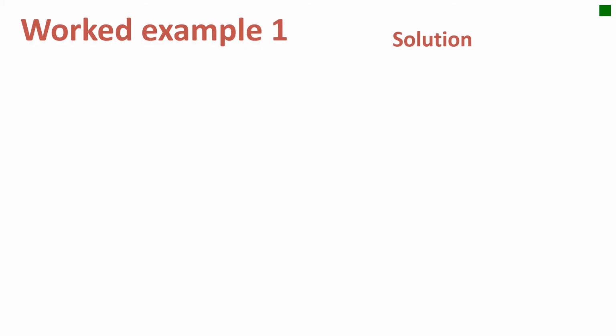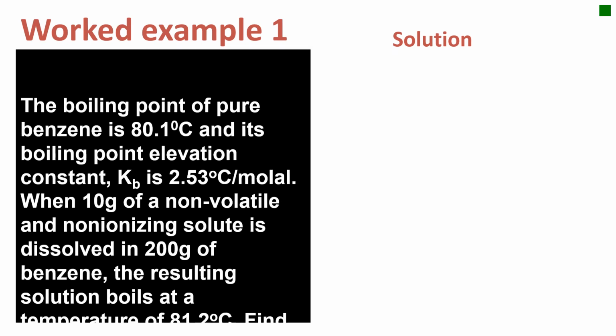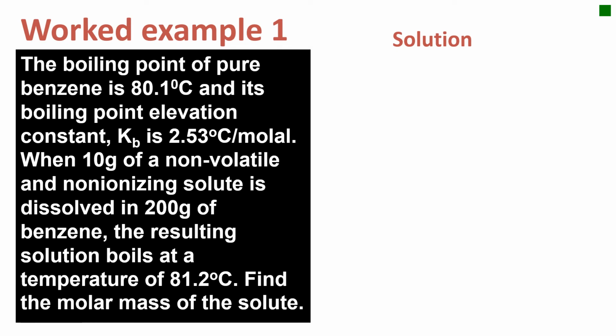Let's take some examples to see how these formulas that we have been talking about can be applied in the calculation for a given problem. We are given that the boiling point of pure benzene is 80.1 degrees Celsius and its boiling point elevation constant Kb is equal to 2.53 degrees Celsius per molar.